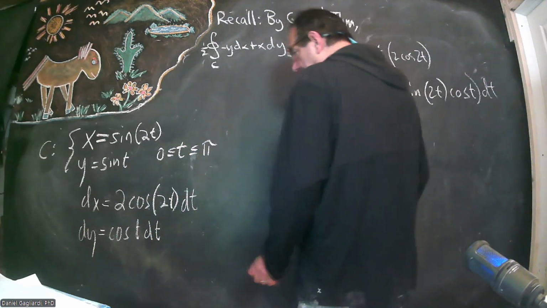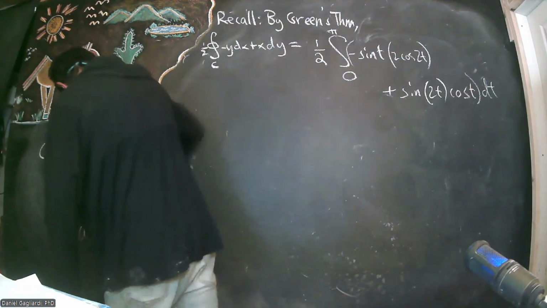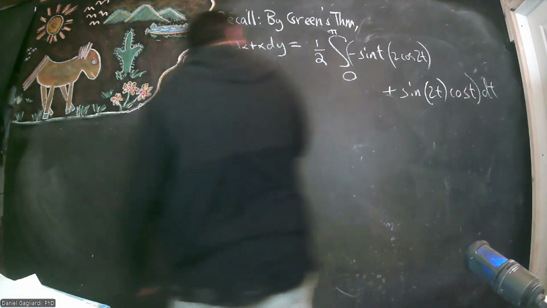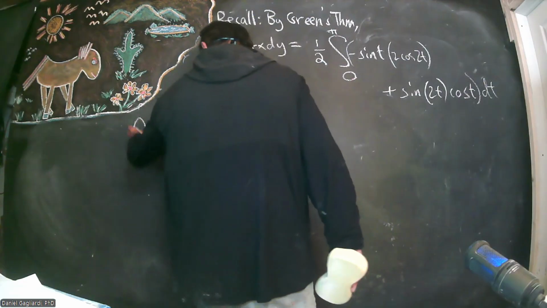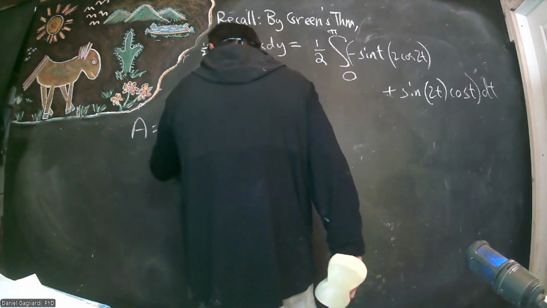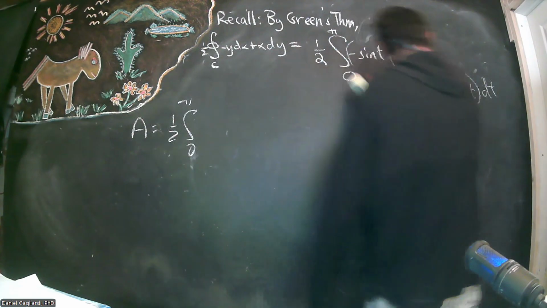I'm going to erase this stuff. We already have this. I need space. Okay, so this is the integral, well, actually, A. I'm going to call this A because we know that this is area. We have 1/2, integral from 0 to pi. Let's fill in everything that we know.